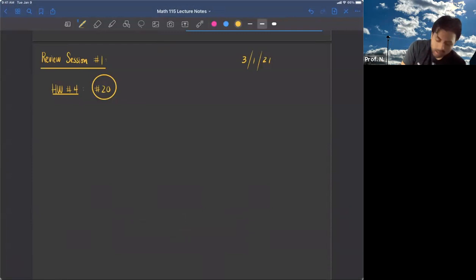Number 20 for me, I have this. I got f of negative 3 equals 13, and then I got that f of 3 equals negative 17, right?